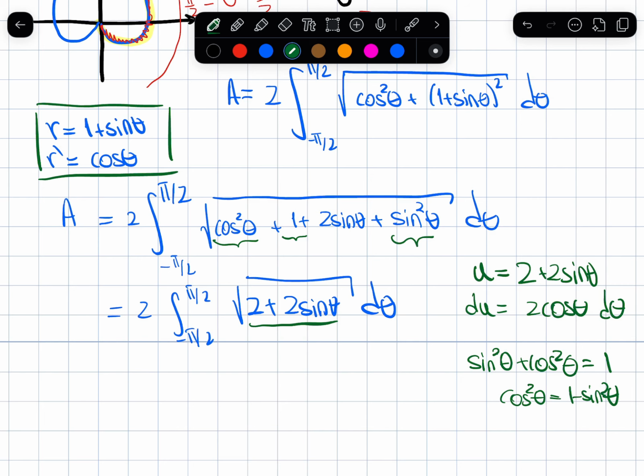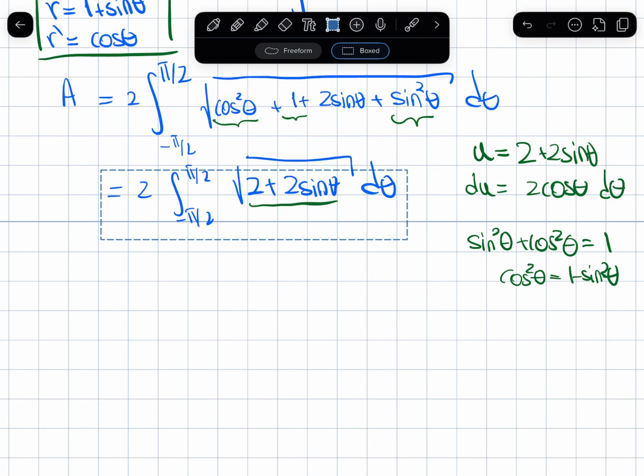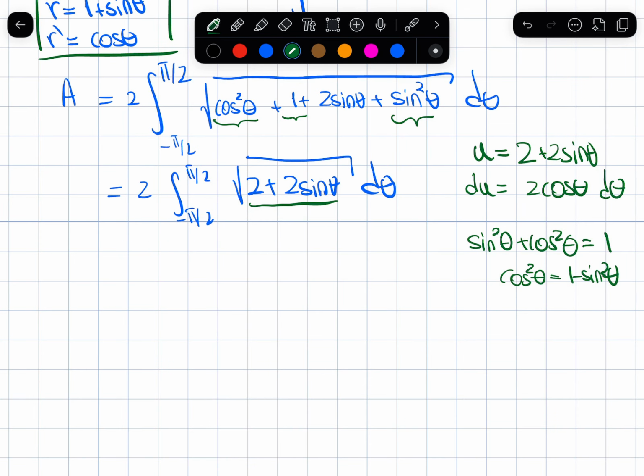So what I'm going to do here isn't obvious. Like I said, I had to think a little bit to make this decision. So what I'm going to do is, inside of the square root, I have a 2 plus 2 sine theta. So I'm going to multiply this top and bottom by 2 minus 2 sine theta.